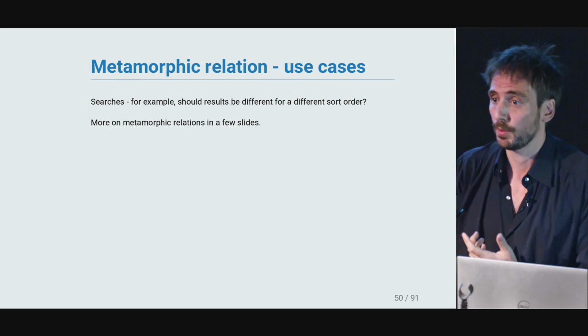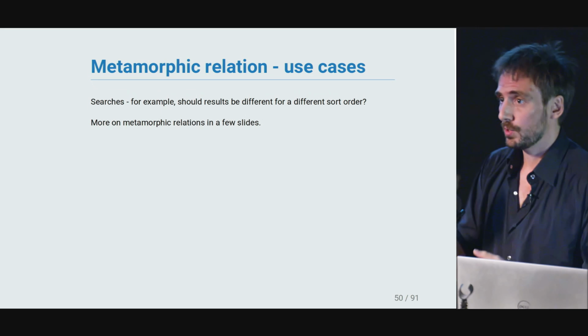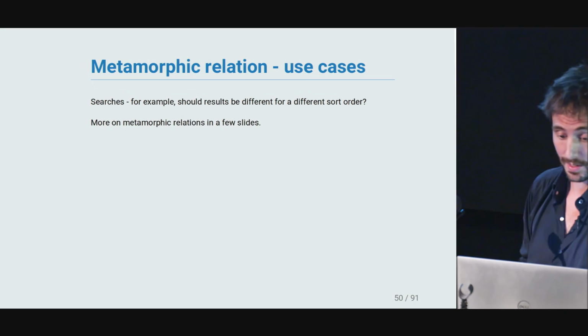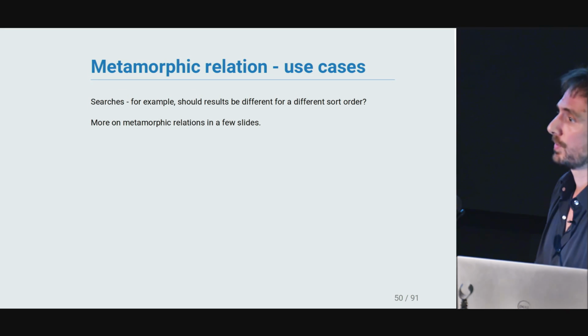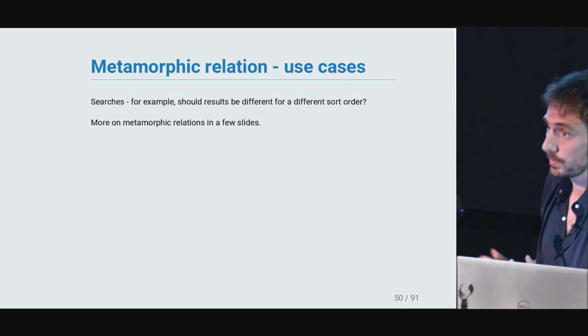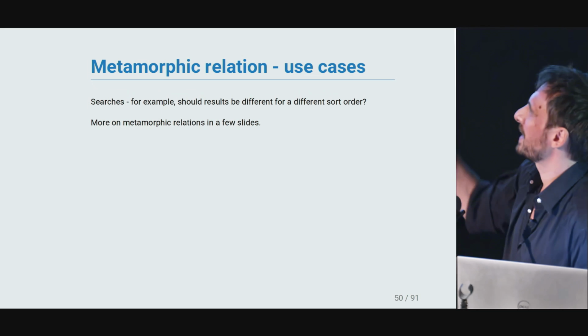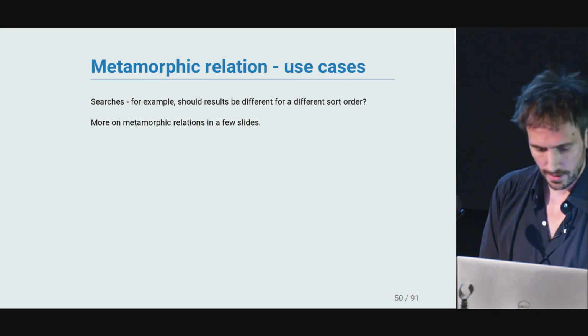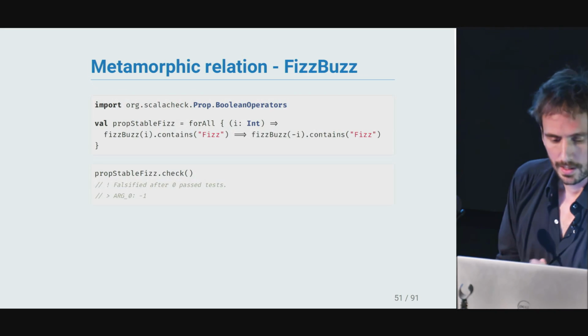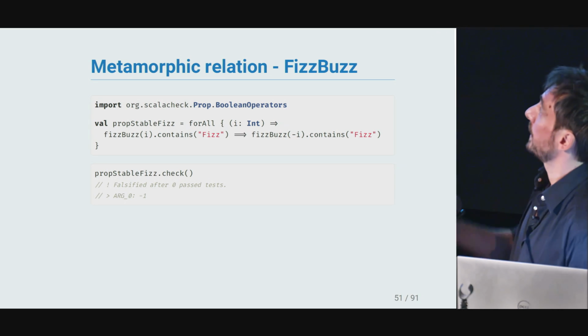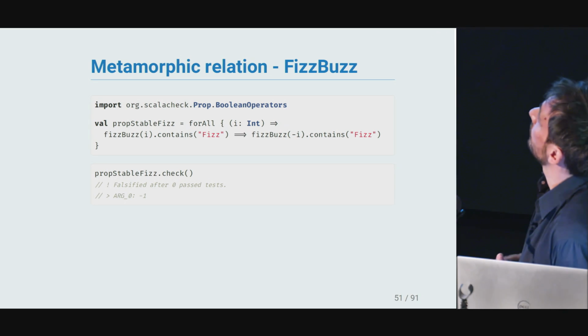Not in the same order, but you're going to get the same tracks. That's an interesting property to have, and one that has yielded bugs in known search APIs that you most likely have used. I'm going to get back to metamorphic relations in a few slides, because they're really very interesting. And it so happens that there is one for FizzBuzz, and one that immediately finds a problem.